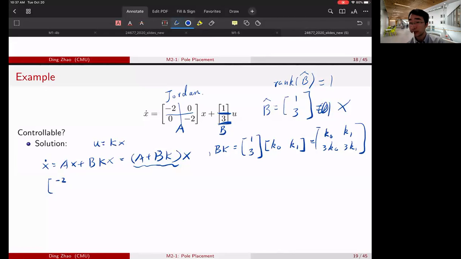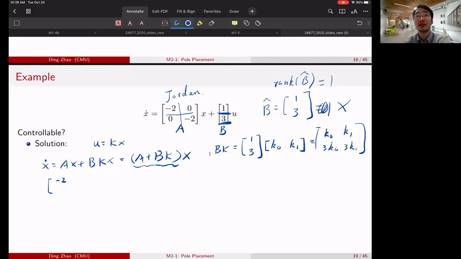Wait, so I think there's a mismatch. Yeah, I think what I wrote here is correct. What was on the slide was wrong.